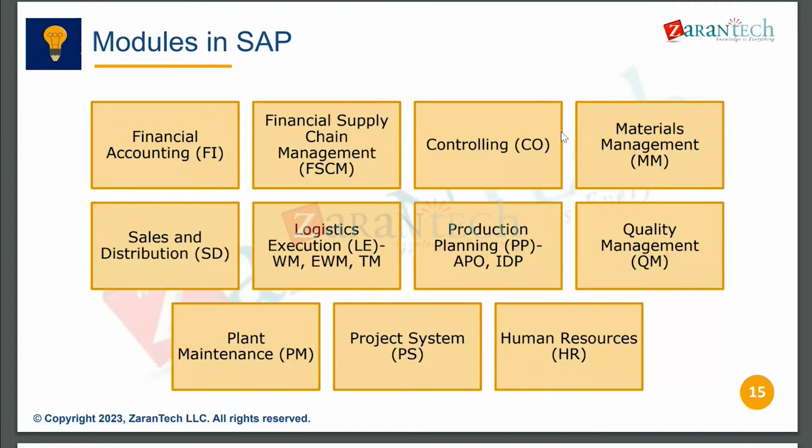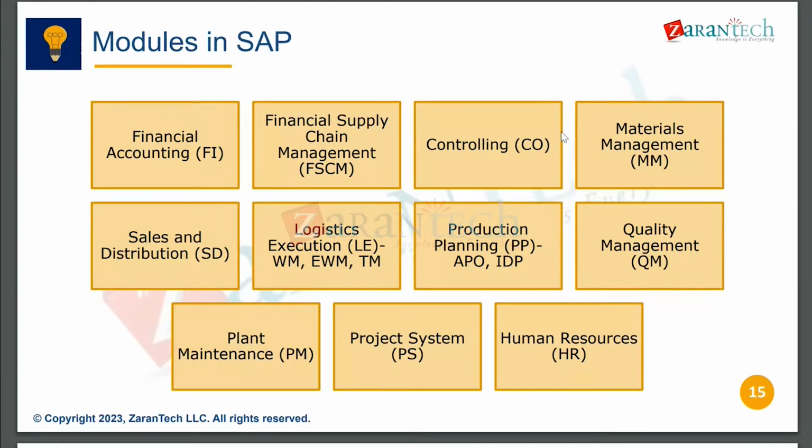In production planning, based on customer requirements and market demands, the planning will happen and the production will start to meet the requirements. APO is a planning tool integrated with the production planning module, IDB is the S4 HANA planning module, and PPDS is also in S4 HANA, where the planning will be taken care of.